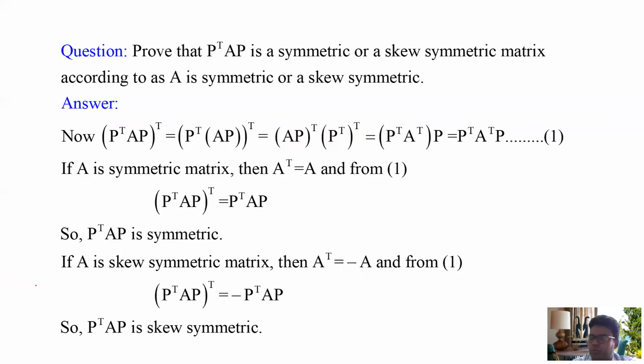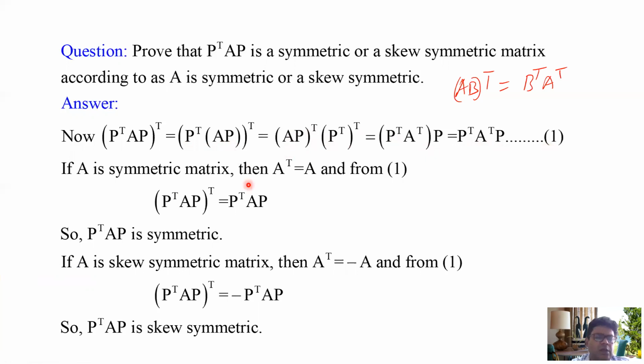Already you know from the matrix transpose property that (AB) whole transpose is equal to B transpose A transpose. Already you know the property. So I am using the same thing. This is A, this is B, so that means (AP) whole transpose, P transpose transpose. What is (AP) whole transpose? Means P transpose A transpose. So ultimately what we have is P transpose A transpose P.